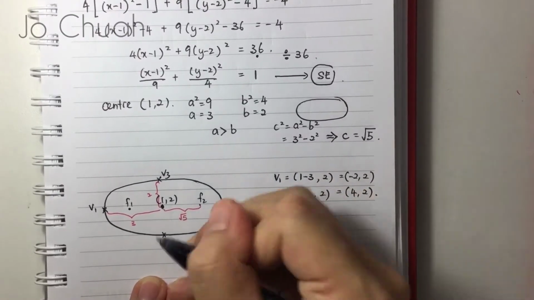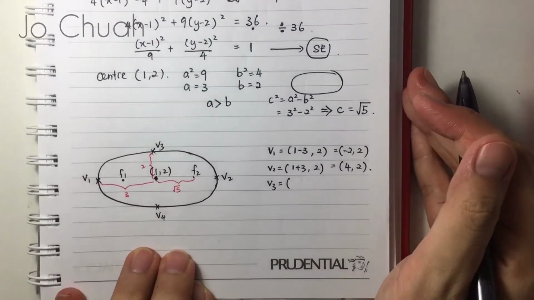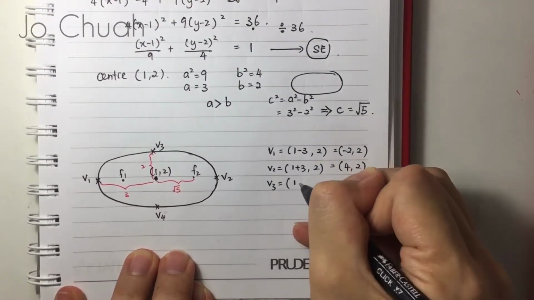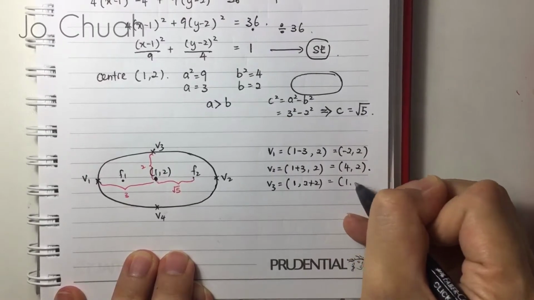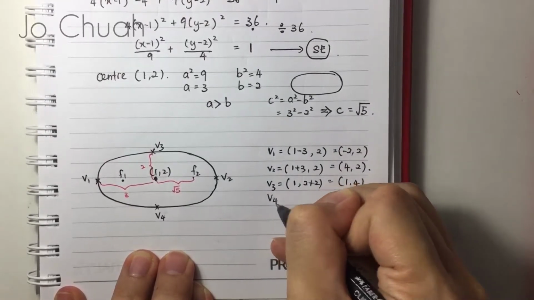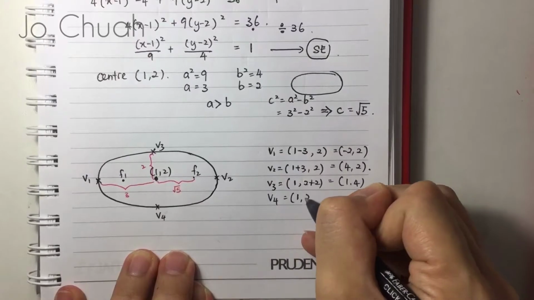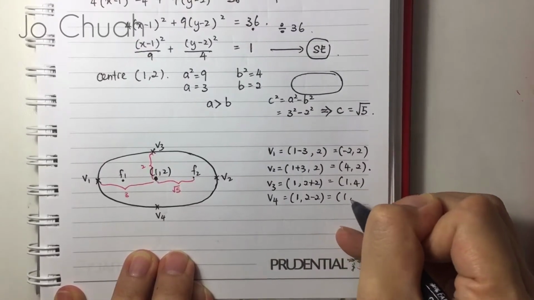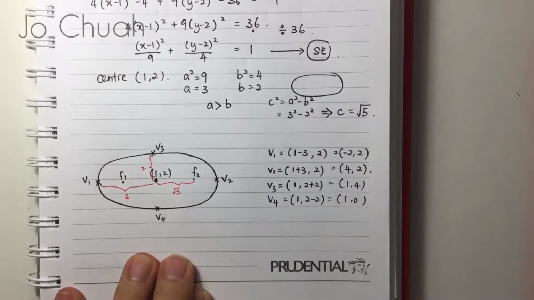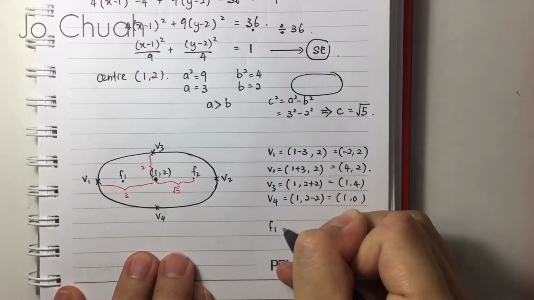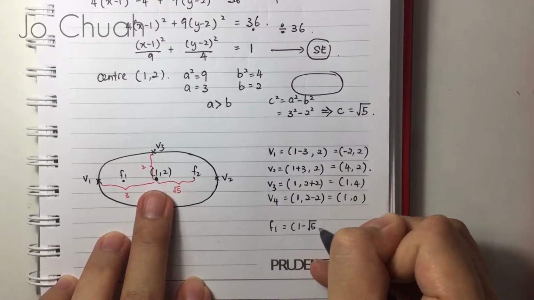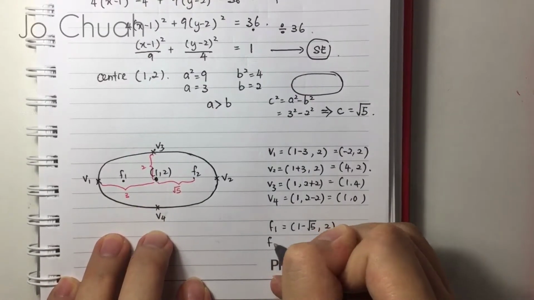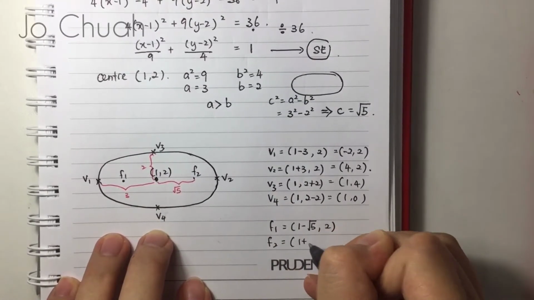V3 is going upwards, so the y coordinate will change and the x remains the same, so (1, 2 plus 2), which is (1, 4). V4 is (1, 2 minus 2), which is (1, 0).